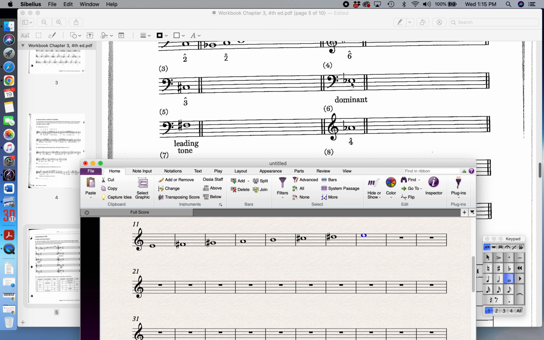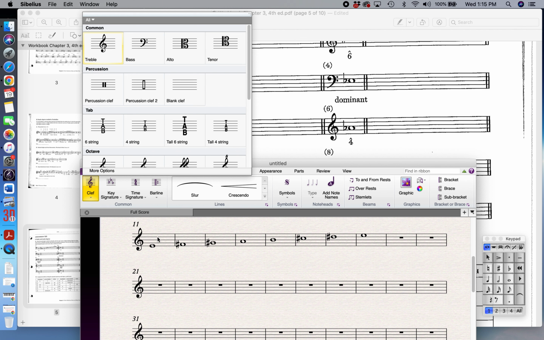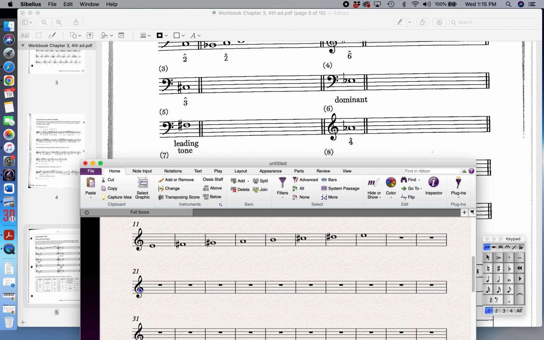Now, what if I have like number 4, okay, where I'm in bass clef? Okay, so it says dominant, and I have to remember what is it. So tonic is 1, supertonic is 2, mediant is 3, subdominant is 4, dominant is 5. So I'm going to go 1, 2, 3, 4, 5, and I'm going to write my E flat.